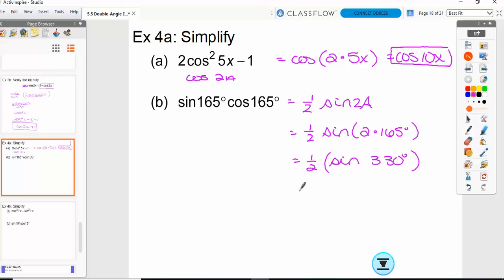Can we evaluate that, the sine of 330? Yeah. That's in quadrant 4. Reference angle, 360 minus 330 is 30. Quadrant 4, sine is negative. Sine of 30 is 1/2. So this turns into negative 1/4. So we just have to be able to manipulate these formulas if I give you the other side.